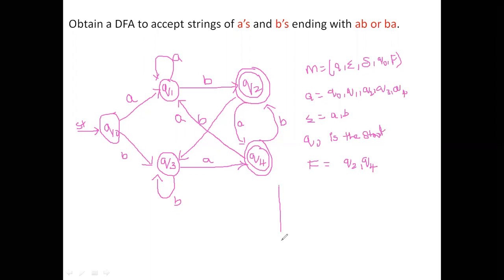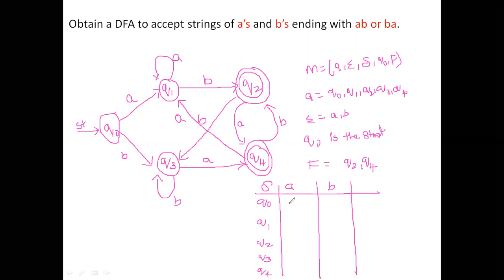For all 5 different states, A, B, and delta. So this is for Q naught, then Q1, then Q2, then Q3, and Q4 exactly.